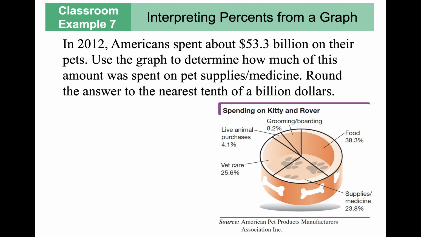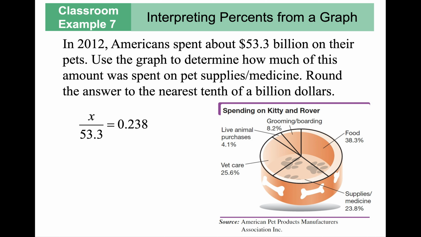Here's another example. In 2012, Americans spent $53.3 billion on their pets. Use the graph to determine how much of this amount was spent on pet supplies or medicine. If I look in here, pet supplies and medicine is 23.8%. So right away, I know I have to convert that to a decimal. I'm going to take 23.8 and divide it by 100, or move the decimal 2 places to the left, whichever you prefer.